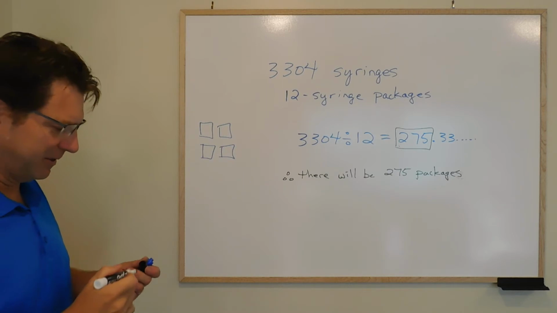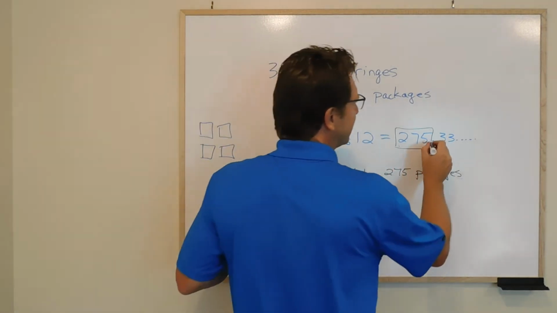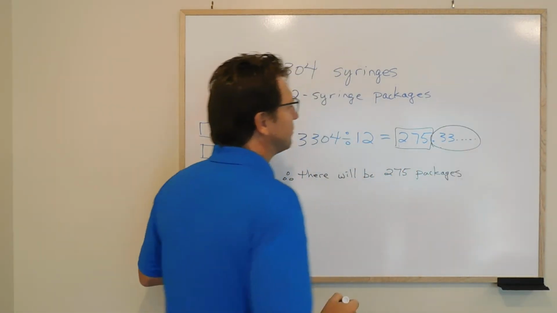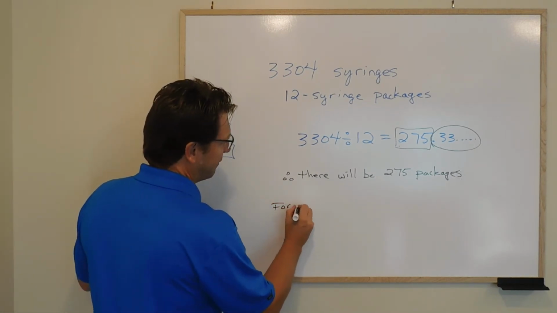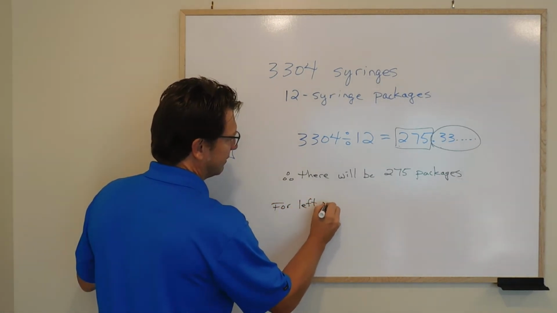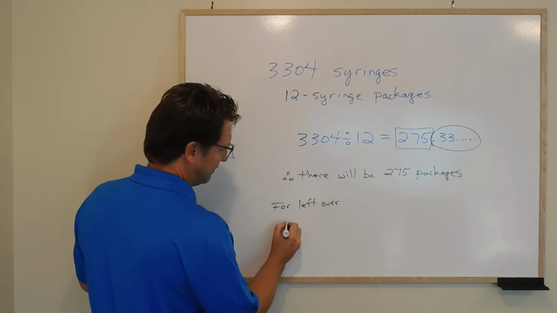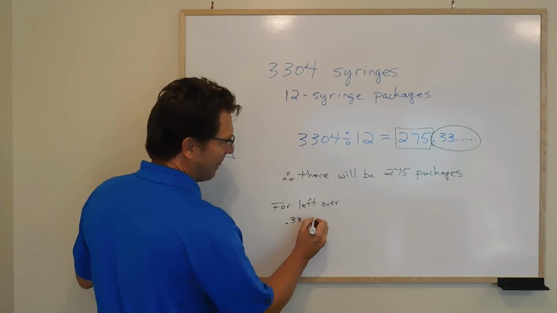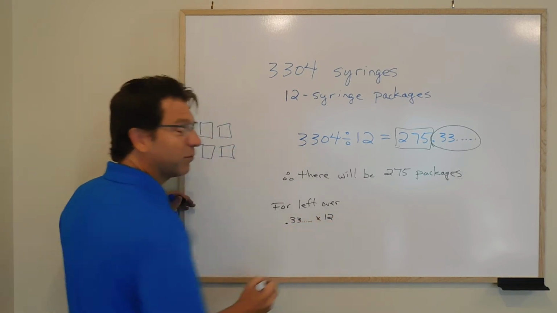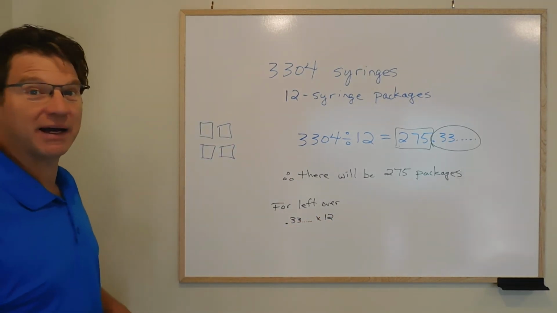Well, to decide how many is left over, we have to look at this decimal. So all you do on your calculator for leftover, you take this 0.33 repeated and you multiply it by 12 because that's how many were in a package.